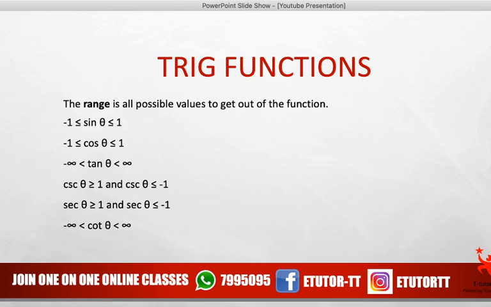Sec theta is greater than or equal to 1, and sec theta is less than or equal to negative 1. Same for csc theta. Oh my gosh, I just said negative 8. I meant negative infinity is less than cot theta, which is less than infinity.